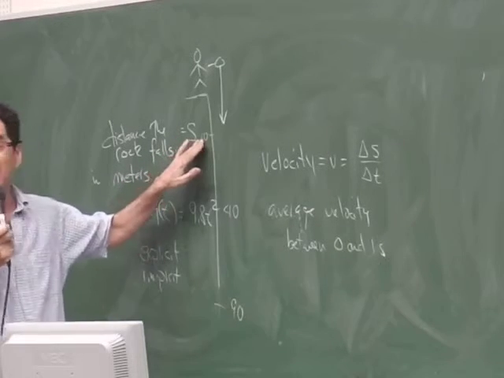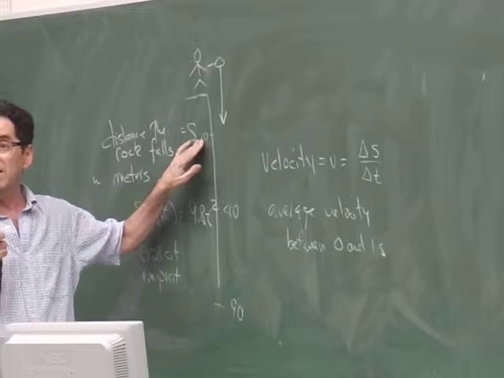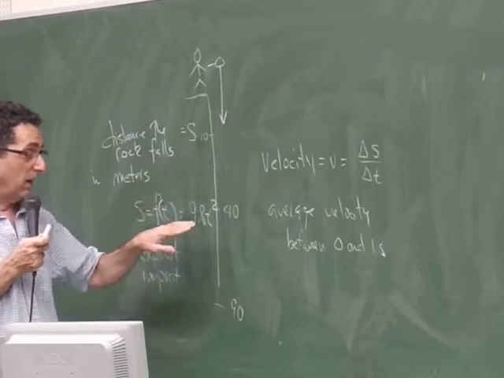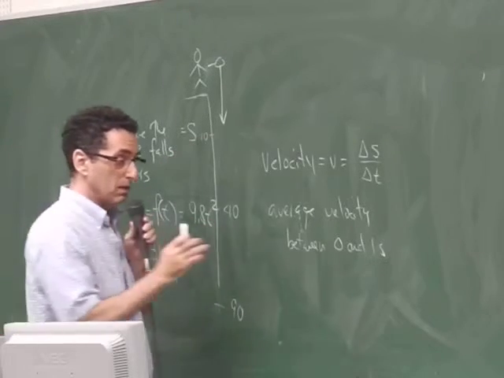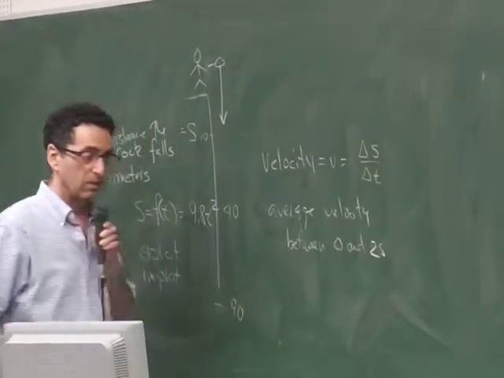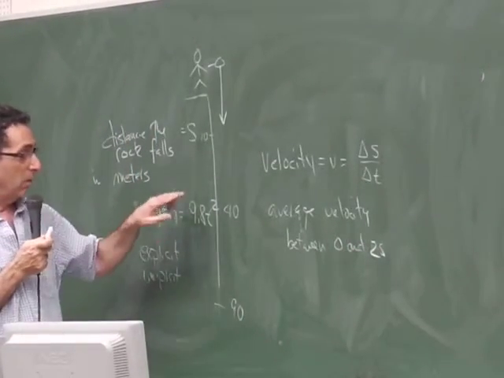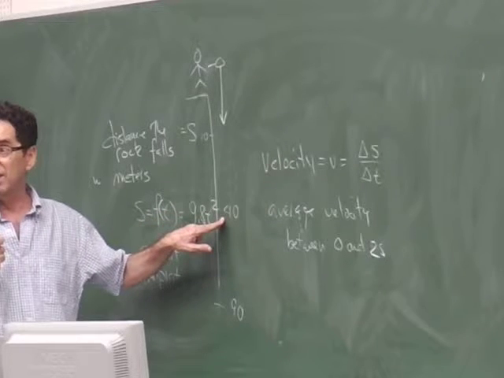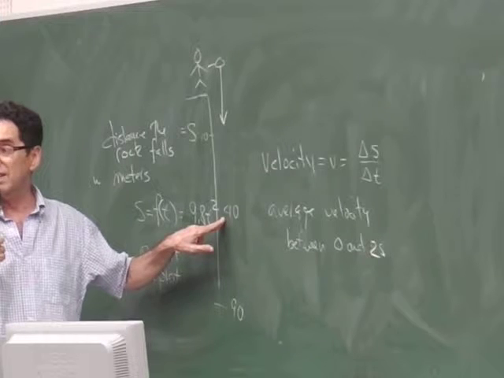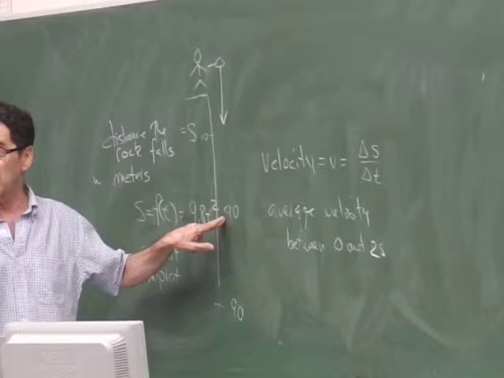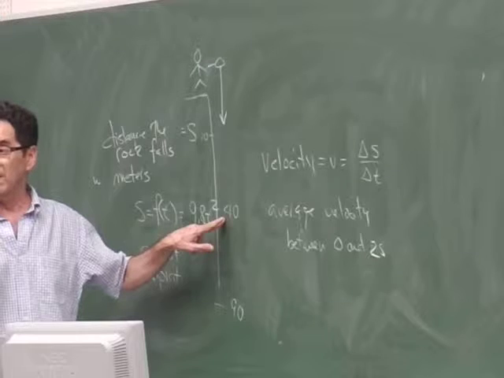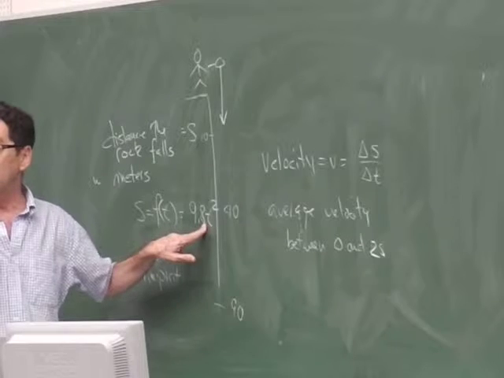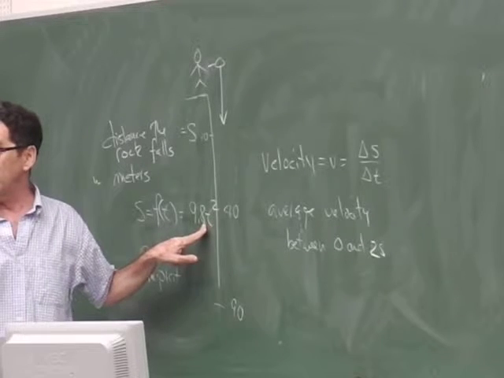So let's say it was 10 and it took 1 second, so what is the average velocity? 10 meters per second. On the other hand, I could also say, what is it between 0 and 2 seconds? In that case, the distance it would have traveled was 40 meters in the 2 seconds. So it's 40 meters per 2 seconds, which is 20 meters per second. That is the average velocity between here and here. So we can calculate the average velocity, right?